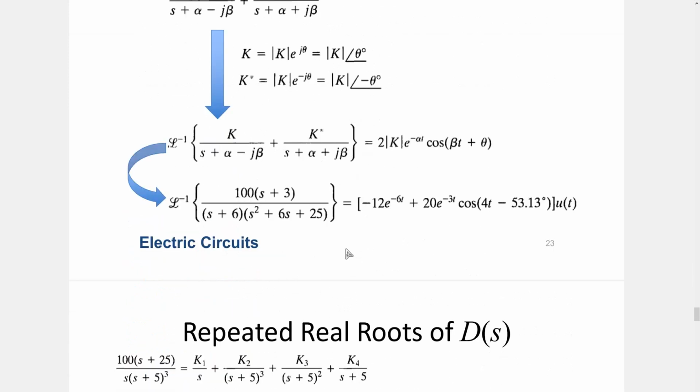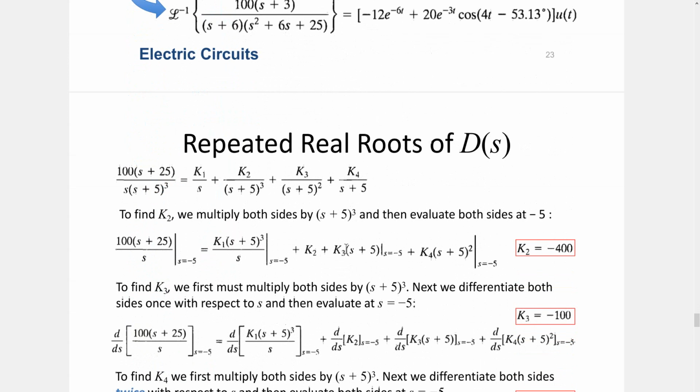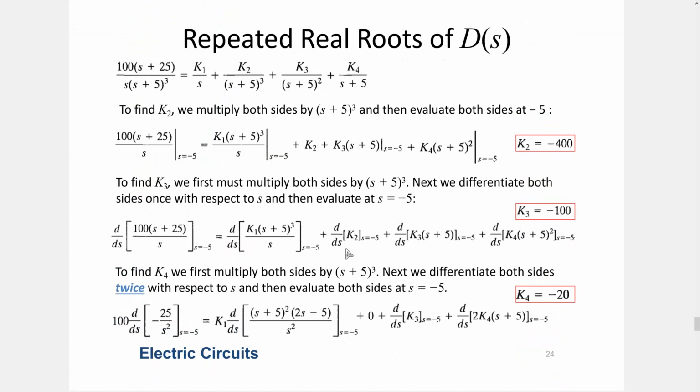Another case is the repeated real roots case. For instance, in this example, we have something like 100 times (s plus 25) divided by s times (s plus 5) to the 3.